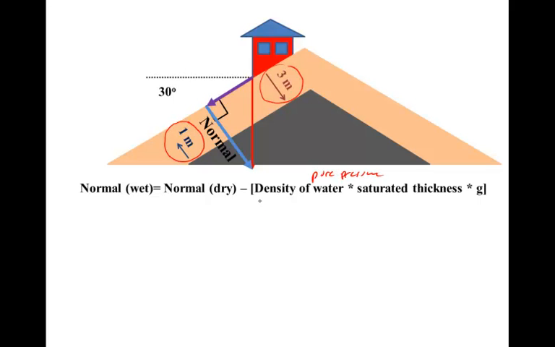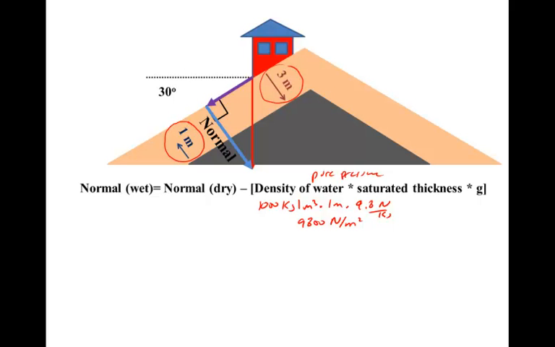It's given by the density of water, 1,000 kilograms per cubic meter, times the amount of material that's saturated, in this example, 1 meter, times G, 9.8 newtons per kilogram. The pore pressure exerted is 9,800 newtons per square meter. That's 1,000 times 1 times 9.8.